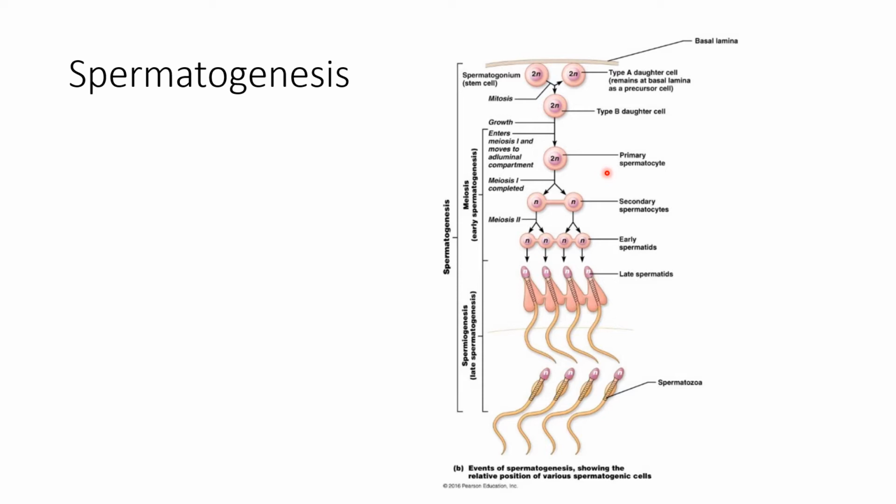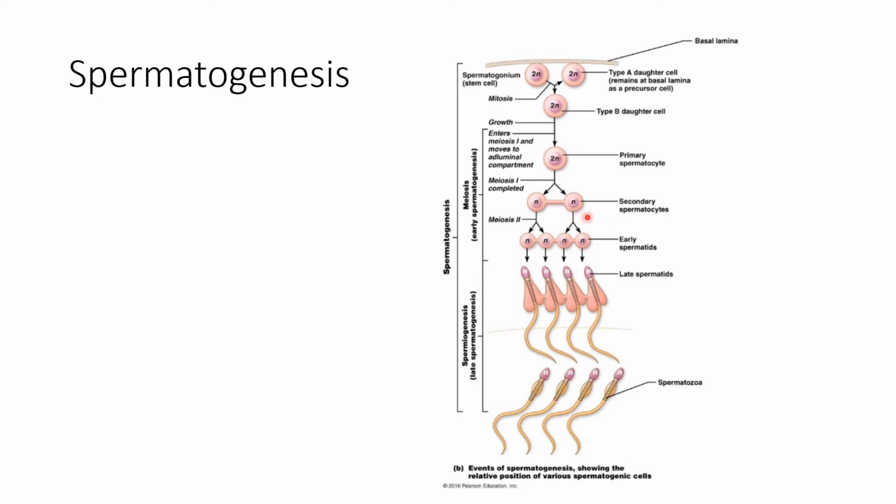Those primary spermatocytes are the ones that are destined to start dividing so that they can produce 4 sperm cells. Each primary spermatocyte, as you can see, still carries the full set of chromosomes. That primary spermatocyte is going to go through the first meiotic division, and you are going to get 2 haploid secondary spermatocytes.